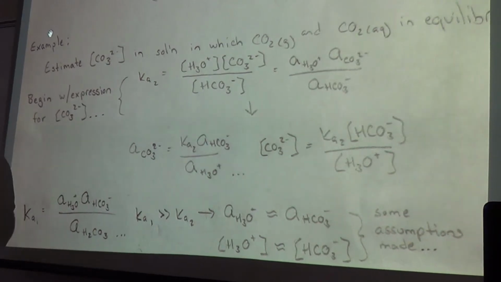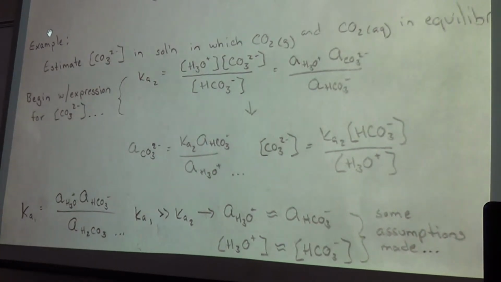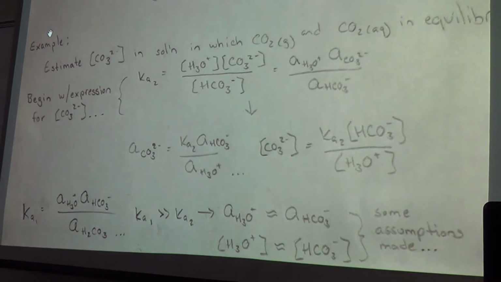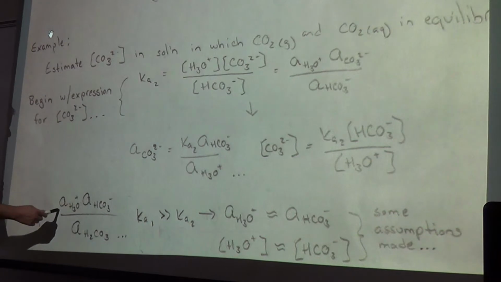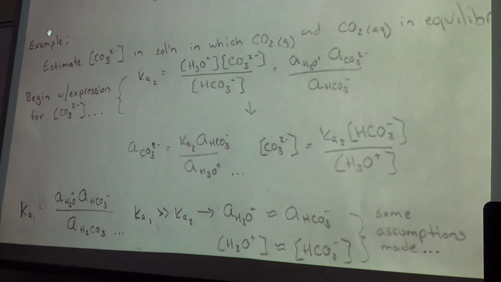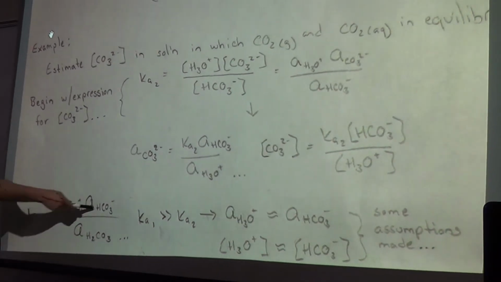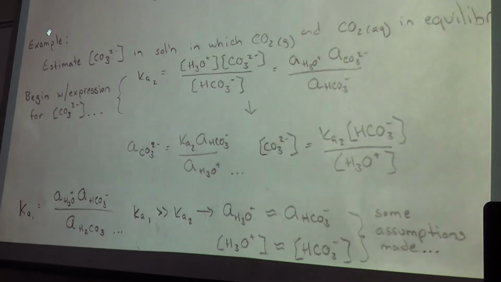Remember that Ka1 is much larger than Ka2. Because it's much larger than Ka2, we're going to run the assumption that approximately these two concentrations end up being equal to each other.